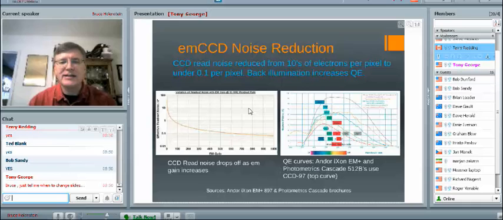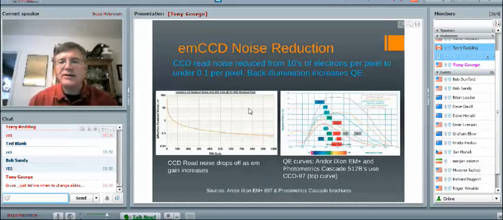And as the gain is increased, the readout noise winds up decreasing, because one photoelectron will produce hundreds or thousands of electrons that the amplifier needs to process. And the readout noise drops dramatically to a hundredth or more of what it was normally.